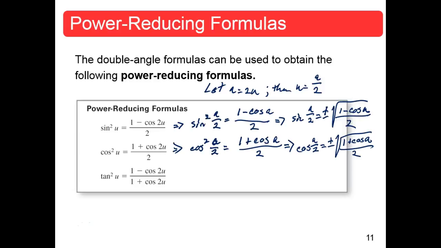Now here's the part where they just kind of lose the plus or minus, and they do it this way. Tangent of A over 2 would then be the square root of 1 minus cosine A over 1 plus cosine A.